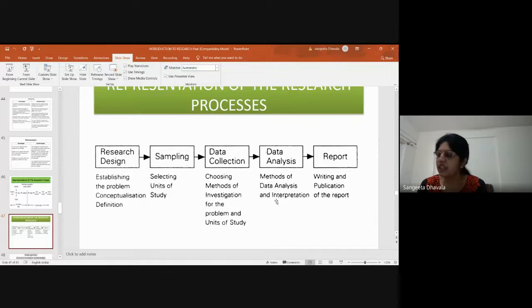For example, age range. Say I have collected data from a lady who is 30 years of age, which is the minimum age of my sample, and the maximum age of my sample is 80. So 30 to 80. What is the difference between the two? Now let us say 30 to 70.